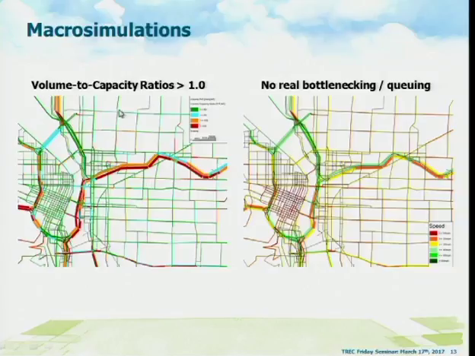This is an example of some of those shortcomings. On this series of roadway links here, the red represents areas where the volume far exceeds the capacity. So it's 1.0 or higher. And if you actually saw this out in the real world, this would be completely jammed up. You would see speeds of 0, very close to 0.